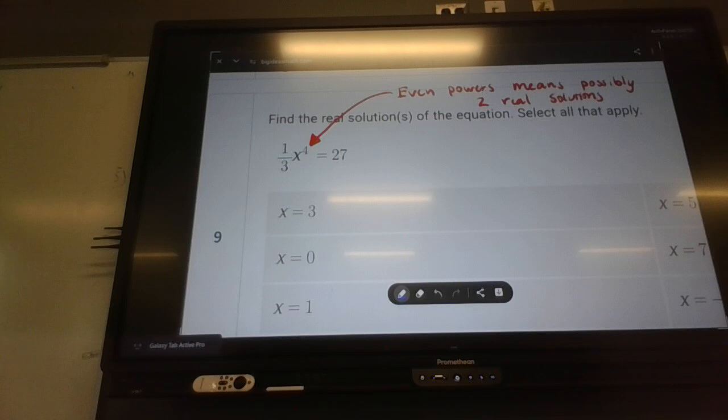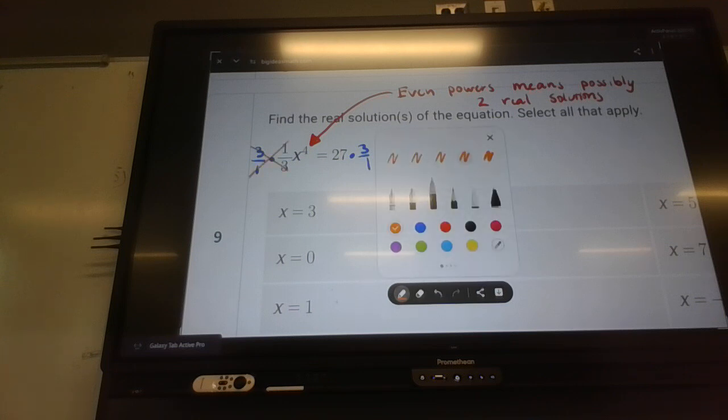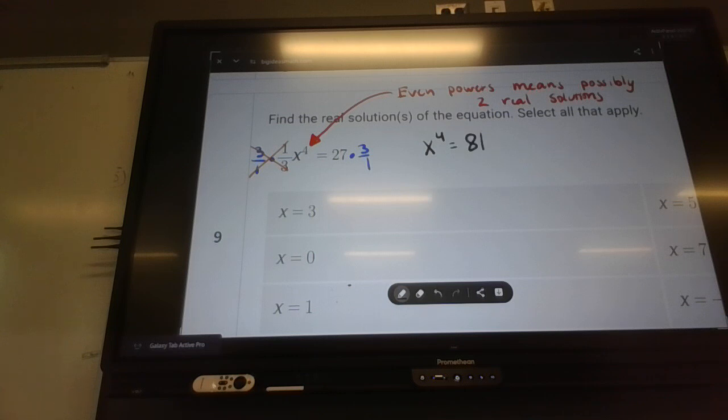So I want to deal with the fraction first, and I'm going to multiply by the reciprocal on both sides. And I get x to the 4th equals 81. And now to cancel out the power of 4, I will do a 4th root on both sides because the 4th root and the power of 4 are perfect inverses.